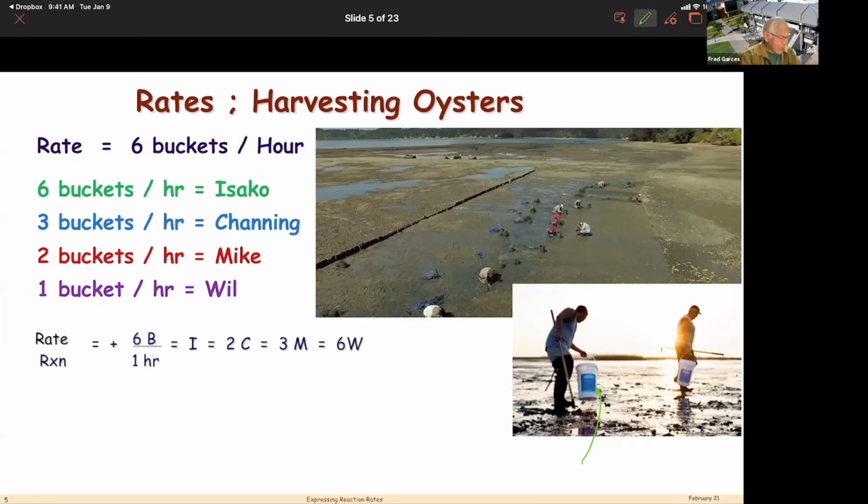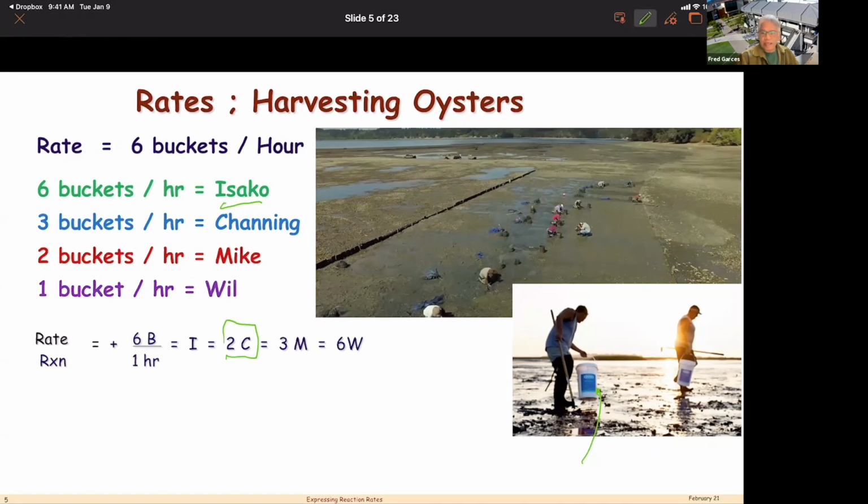So what we have is this right here. If you can collect 6 buckets per hour, that's Isako, that's his name, then it takes 1 Isako to collect 6 buckets per hour. On the other hand, Channing can only collect 3 buckets per hour. So it takes 2 Channings to equal 1 Isako, okay?